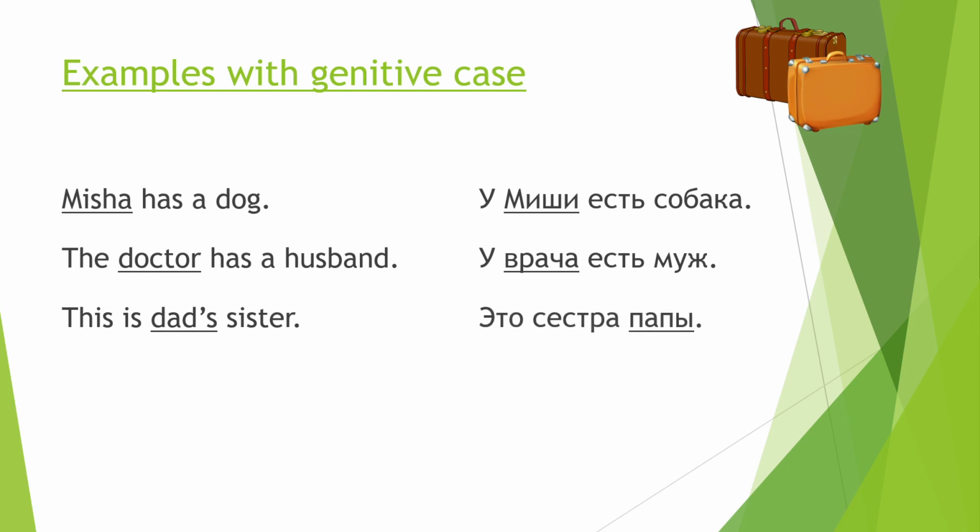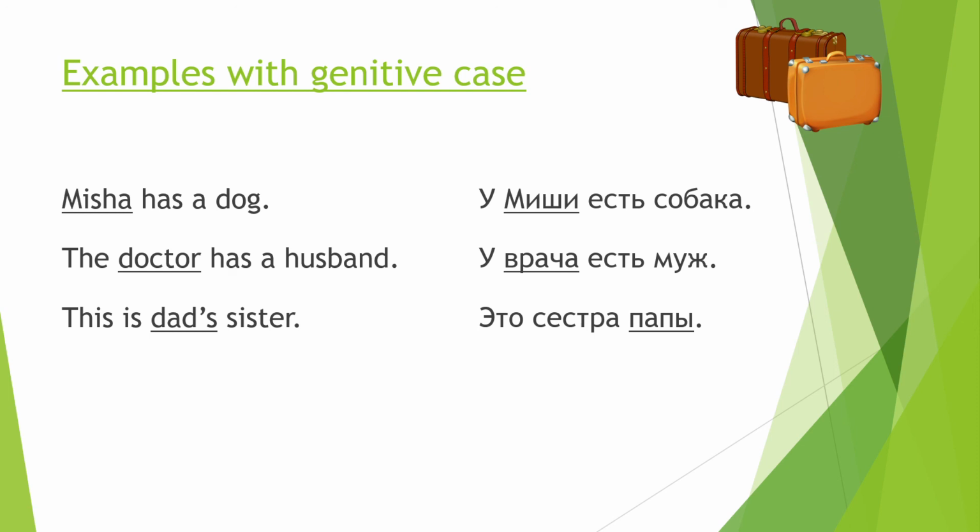This is dad's sister. Это сестра папы. Right? So it's very important here, the order. In a lot of cases in Russian, order is very flexible. This is not one of them. Okay? It's the opposite of English. Right? Sister comes first. This is a sister. And then whose sister? Dad's. The dad comes second. Okay, so the opposite of English. Very important, this order.